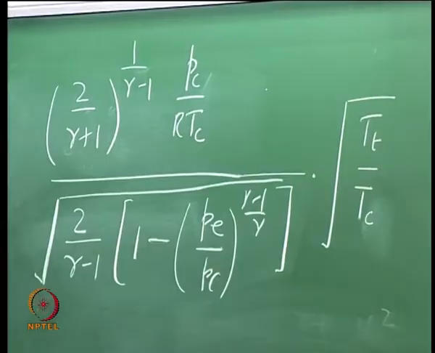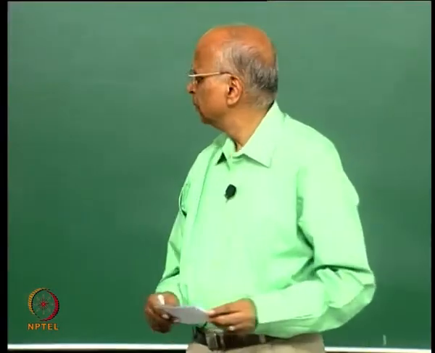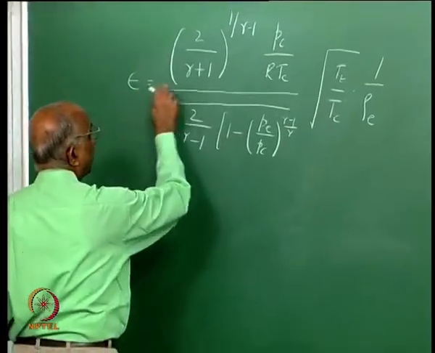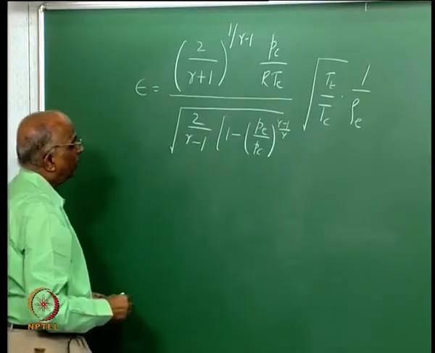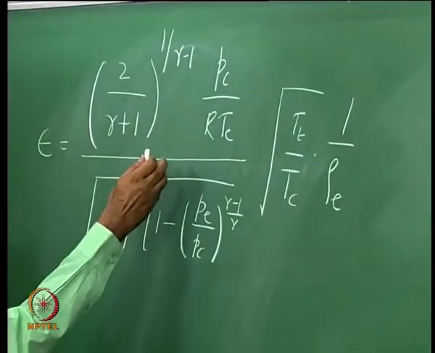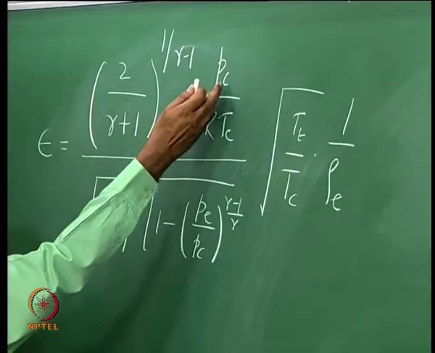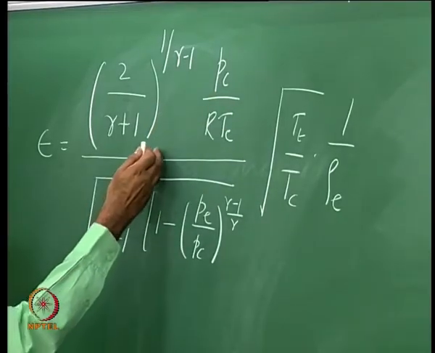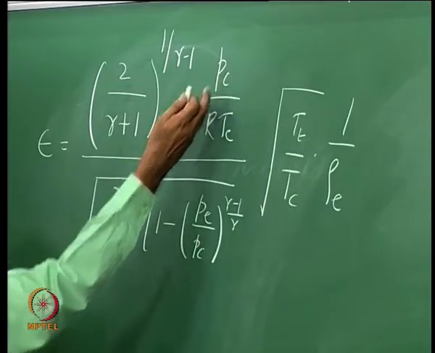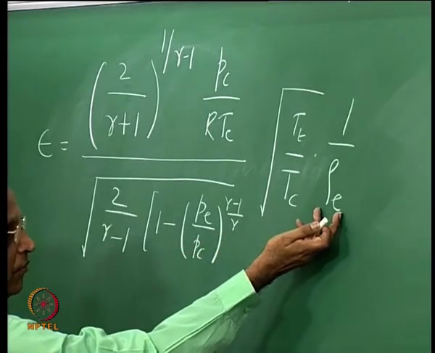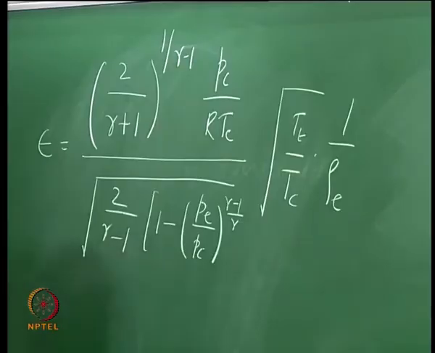I want to further simplify it. We had derived an expression for area ratio as given by the above expression. We would like to simplify the expression by expressing it as a ratio of pressure, as a ratio of temperature, so that we can write it as a function of Pc and Pe alone. For this purpose, let us take a look at what we can write rho e as.